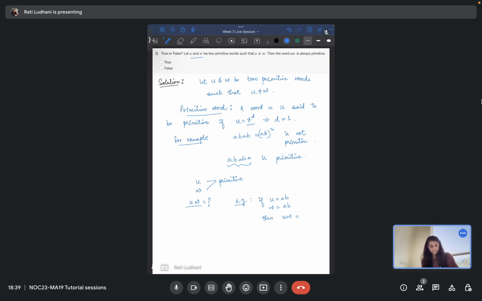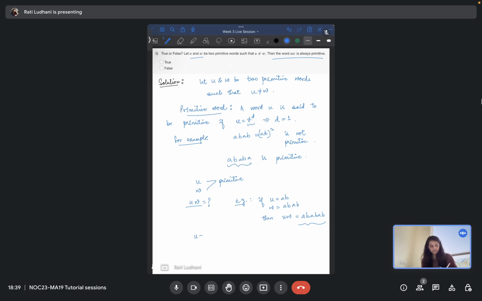So if U is equal to AB and W is equal to AB, you concatenate W at the end of U. Okay, so this is UW. So you can have anything. So for this statement, is it true or false, I gave a counter example, so to say.